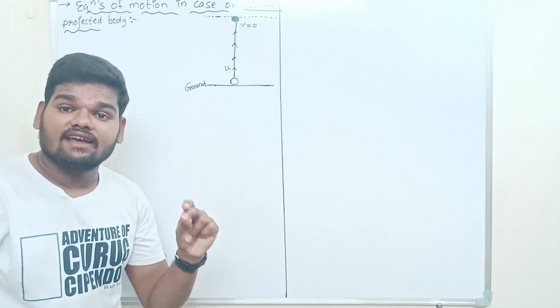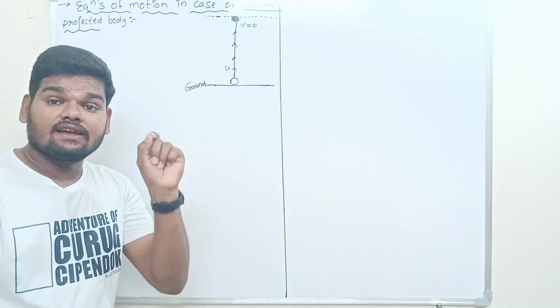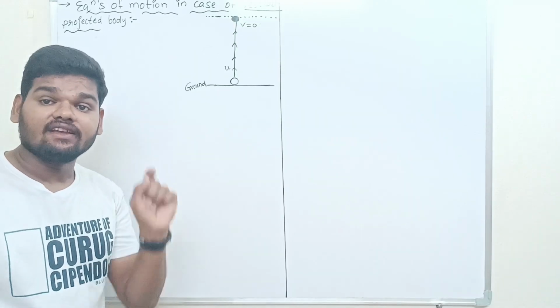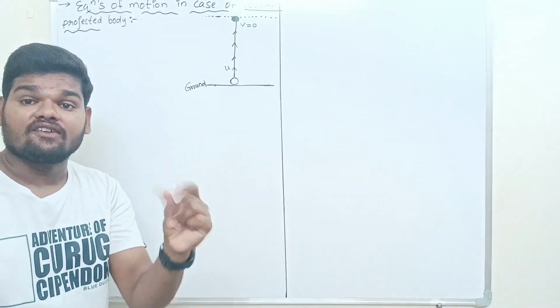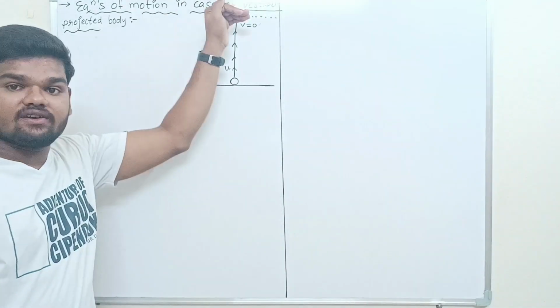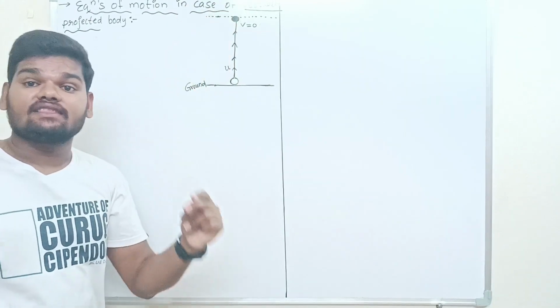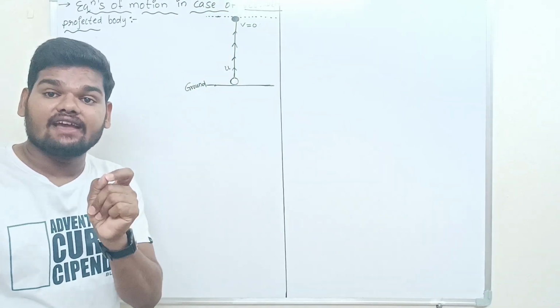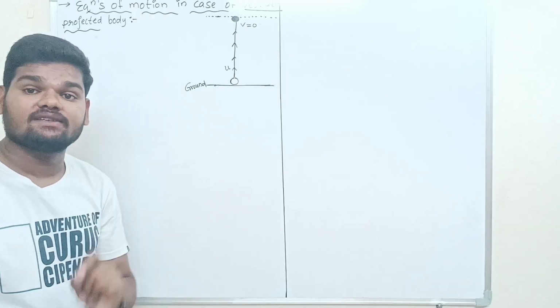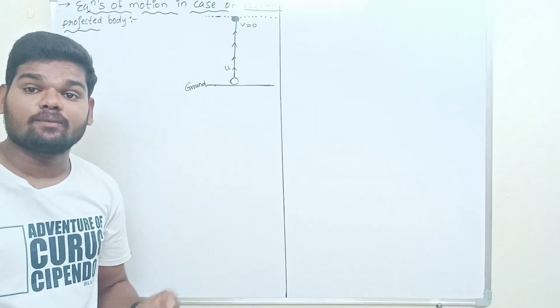The height from the ground at which the final velocity of the object is zero can be treated as the maximum height. So what is the meaning of maximum height?